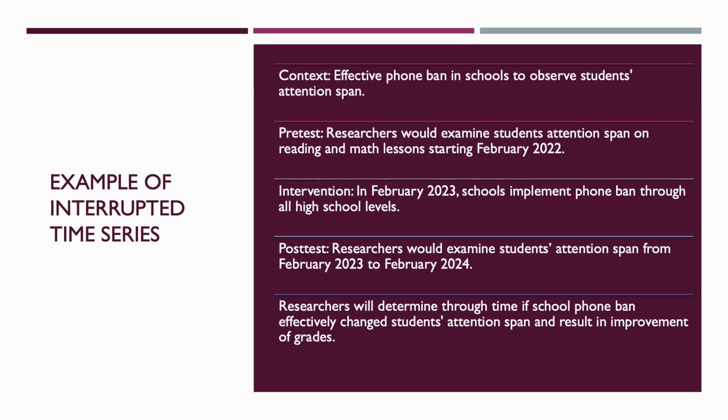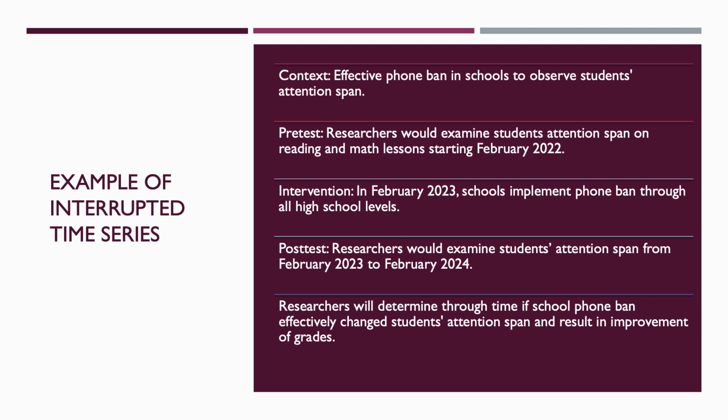An example of an interrupted time series could be, in this context, the effectiveness of a phone ban in schools to observe students' attention span. First, researchers would pretest the students' attention span on reading and math lessons starting February of 2022 before they implement the phone ban. Then in February 2023, the school would implement the phone ban throughout all high school levels.